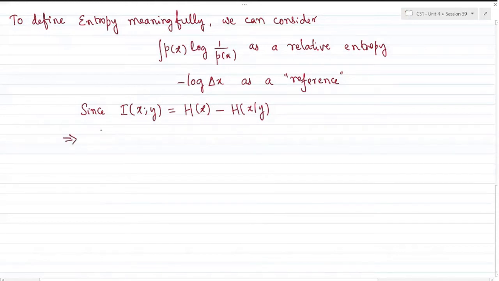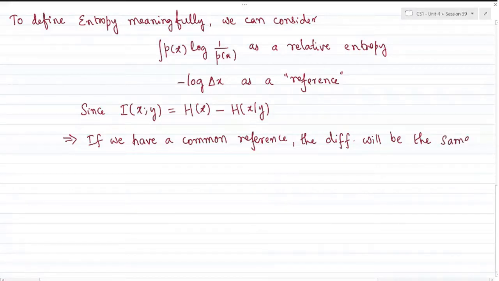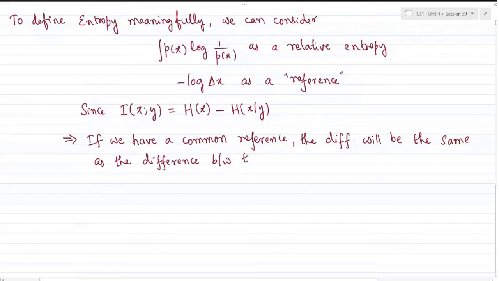So this implies that if we have a common reference, the difference will be the same as relative.